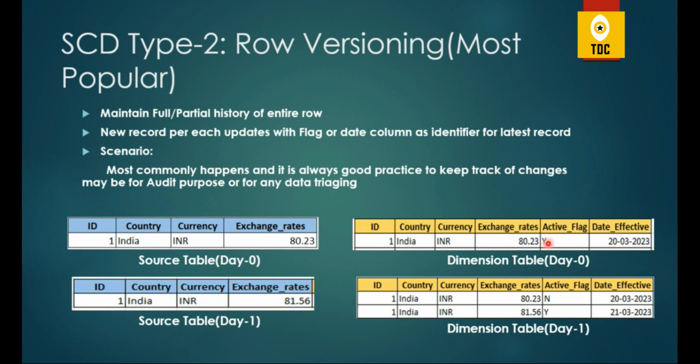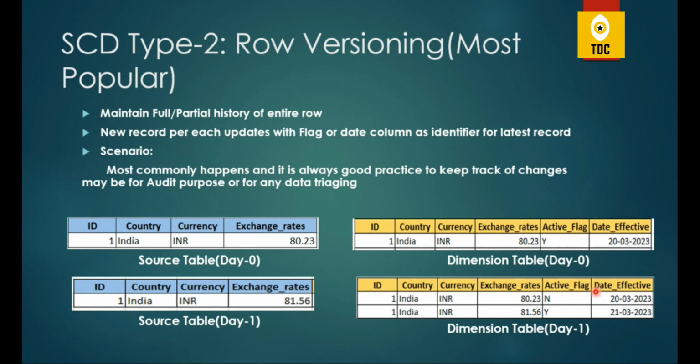As you can see, the active flag of the current day, that is 21st of March, will be kept as active, but the old value, yesterday's value, will become inactive.